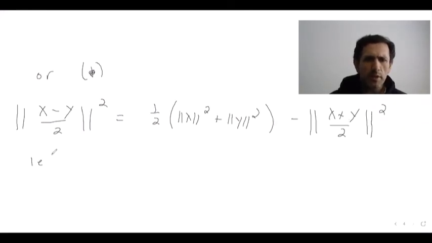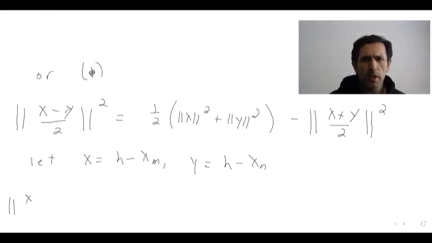Okay, so let's say x is h minus x_m and y is h minus x_n. Just plug in x and y, we get the norm squared of (x_n minus x_m) over 2 is going to be equal to 1/2.